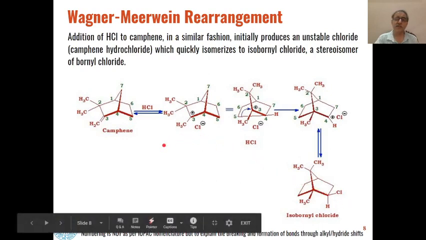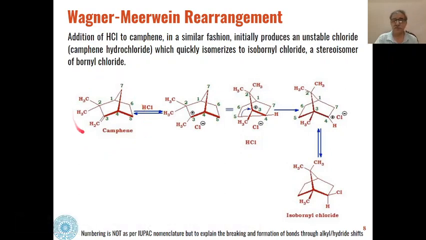Then another example is camphene. The first example was pinene. This is also a natural product, camphene. And when camphene is reacted with HCl, that means HCl will be added to the carbon-carbon double bond, this one.